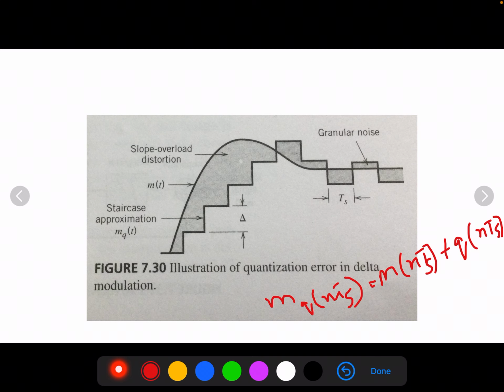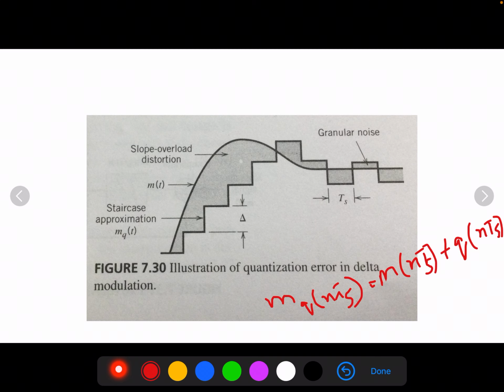Except for the quantization error, the quantizer input is the first backward difference of the input signal, which may be viewed as a digital approximation to the derivative of the input signal, or equivalently as the inverse of the digital integration process.